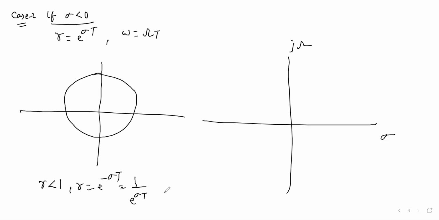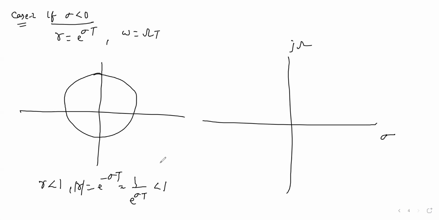If you take this value, it is less than 1, since it is 1 by some positive value. You can take any value of sigma, from 1 to whatever, and it will be less than 1.